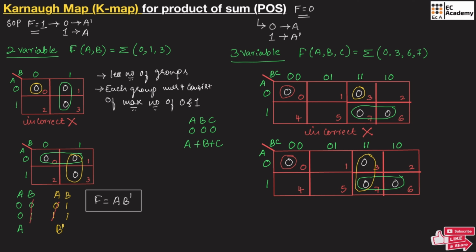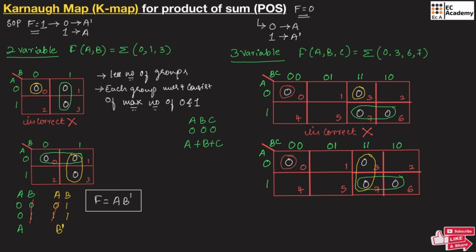That's why we can cancel out that variable. So we cancel out C and we are left with A and B with the value 1. So we can write A bar and B bar. In between A bar and B bar, we can put the plus sign that represents sum of variables. So here we got the sum of variables.